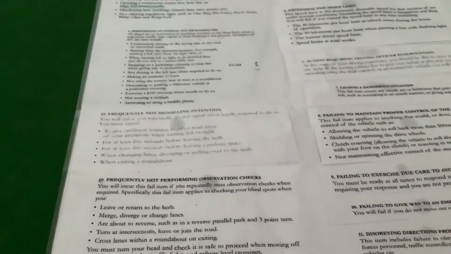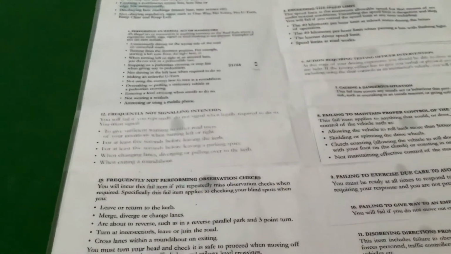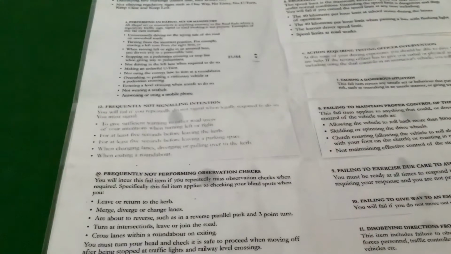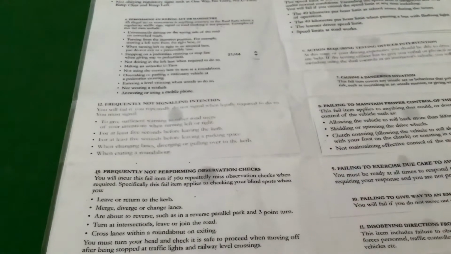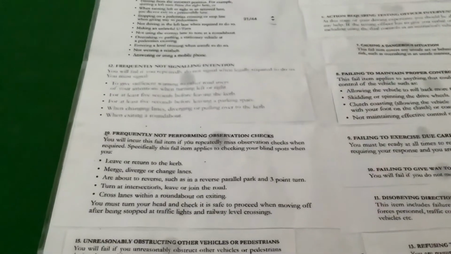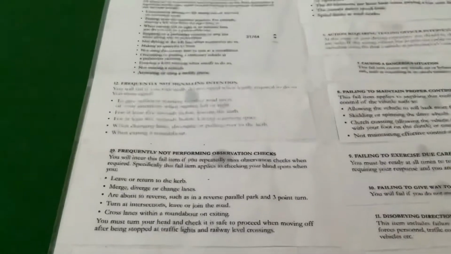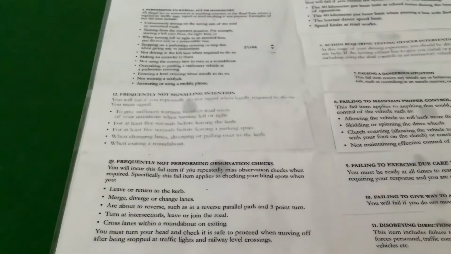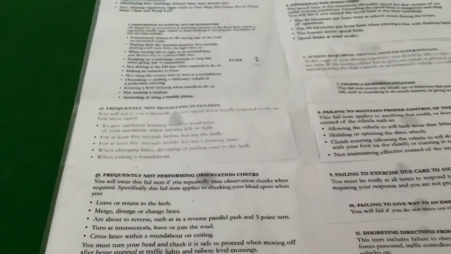Yeah, looks good now. Okay, frequently not signaling intention. You'll fail if you repeatedly do not signal when legally required to do so. So to give sufficient warning to other road users. So when turning left or turning right, we will indicate within 60 meters of the intersection. 100 meters, 200 meters is already too early or too late.